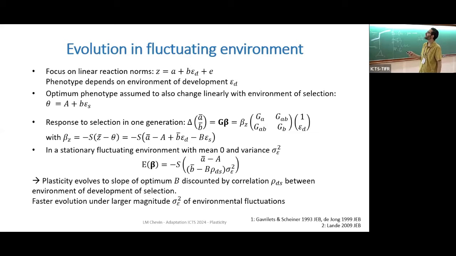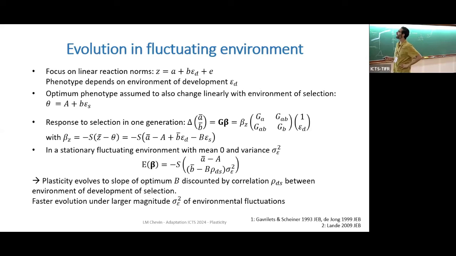The optimum phenotype may also depend on the environment, but sometime later, because selection might act later on this trait. It may also be another environment, but let's keep it simple: it's temperature, both at the time of development and at the time of selection.